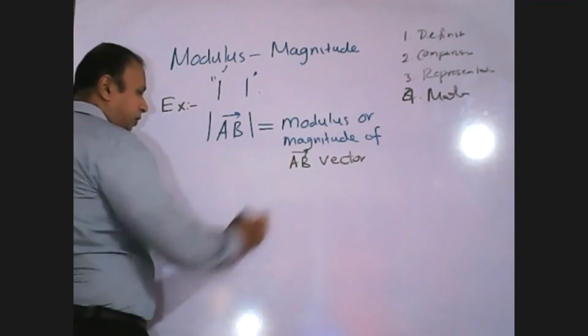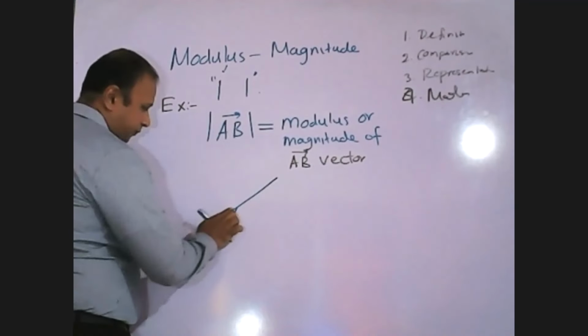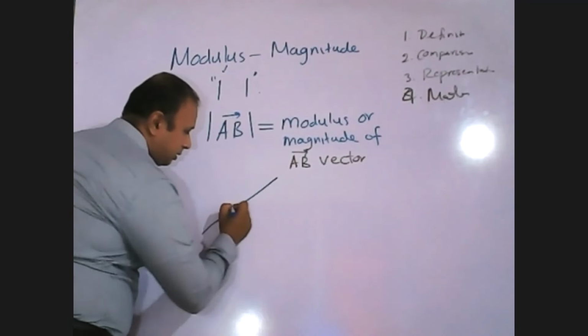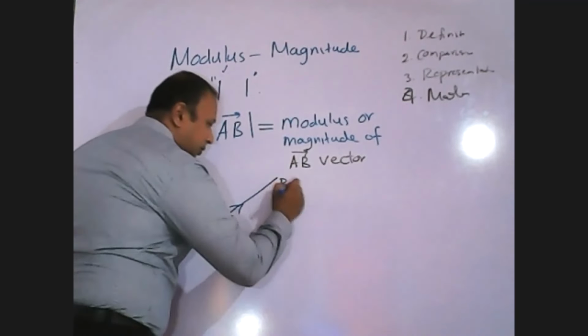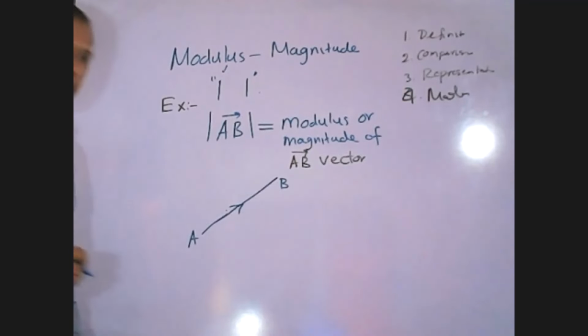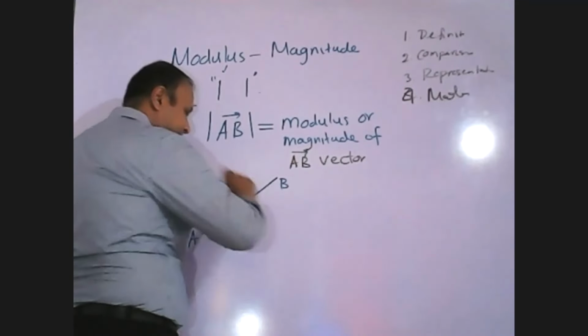Shall we go for an example? Suppose this is a vector, and suppose this is equal to 10 Newton.